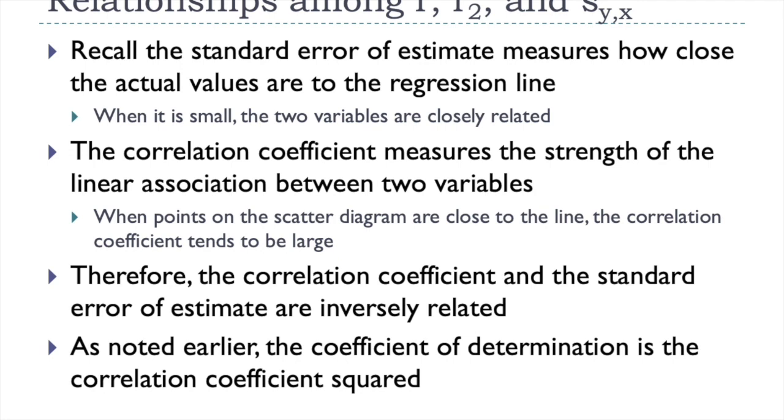And so when the points on the scatter diagram are close to the line, the correlation coefficient tends to be large. So what this really means then is the correlation coefficient and the standard error of the estimate are inversely related. As the strength of a linear relationship between the two variables increases, the correlation coefficient will also increase, but the standard error of the estimate will actually decrease.